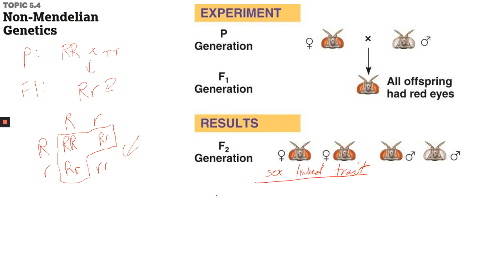In the parental generation, and he did this through other rounds of experimentation and test crosses, as you probably know by now, if you're a female, you are XX. If you are male, you are XY. And what he found was in that white-eyed fly, he had a mutation right here, and let's call it little w.